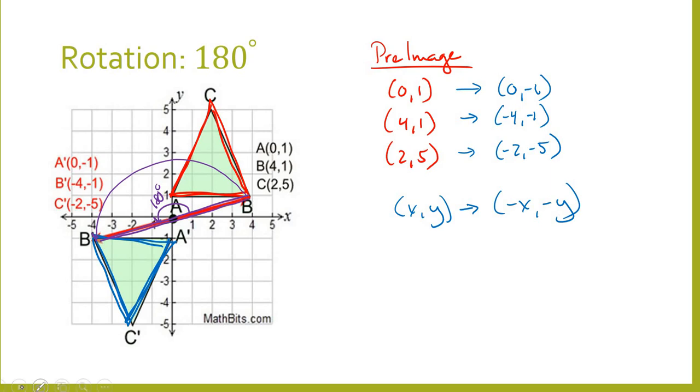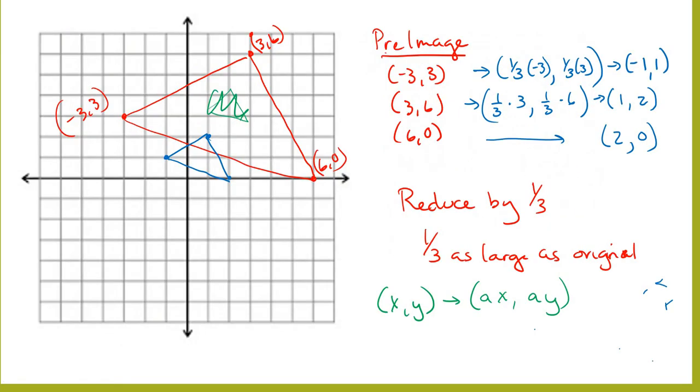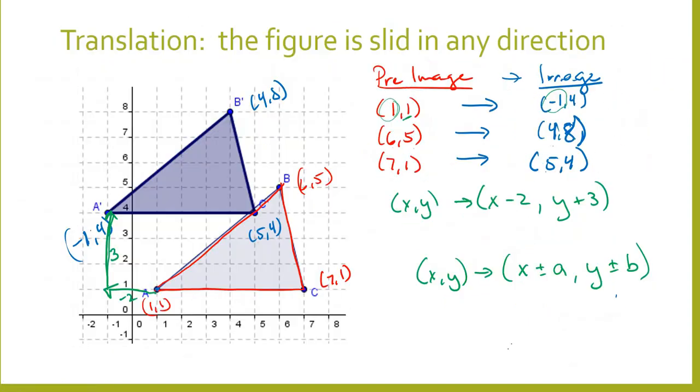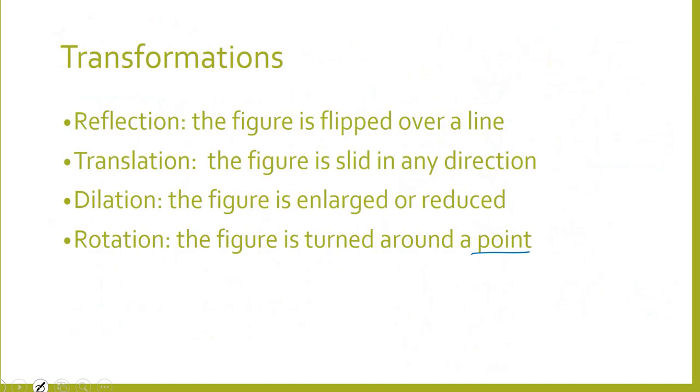Okay, so let's summarize our rules. Let's go back to that very first slide, our very first page of notes. And let's do some of our rules. Reflection, we have two of them.